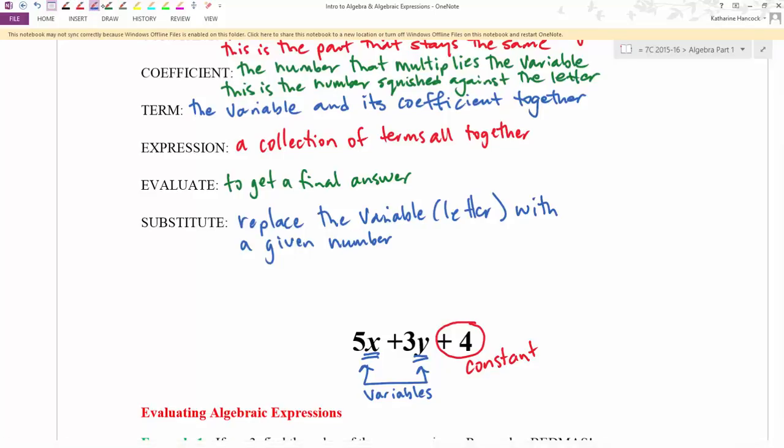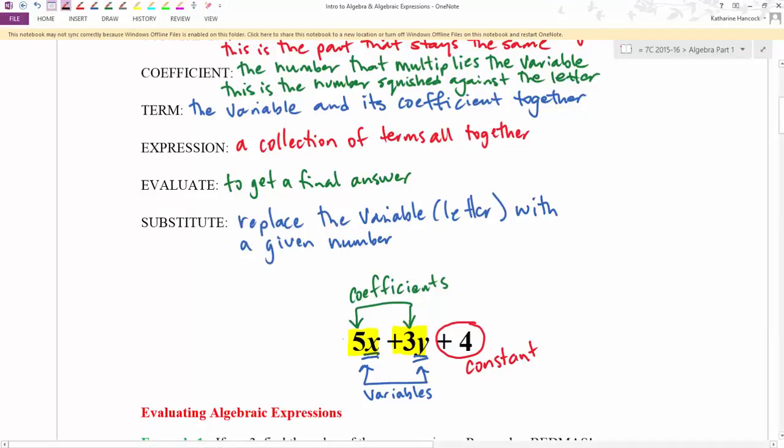The coefficients, oops, that should be green. The coefficients are the numbers squished up against the variables. So the coefficients are the numbers squished up against the variables. Term, I'm running out of colors. Term is going to be the combination of the coefficient and the variable together.